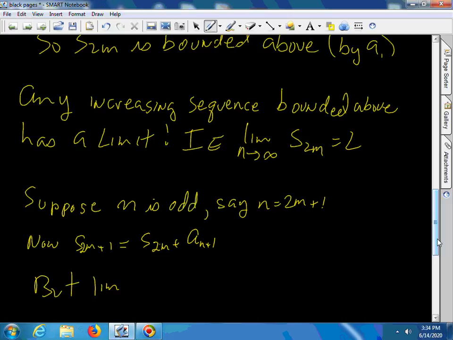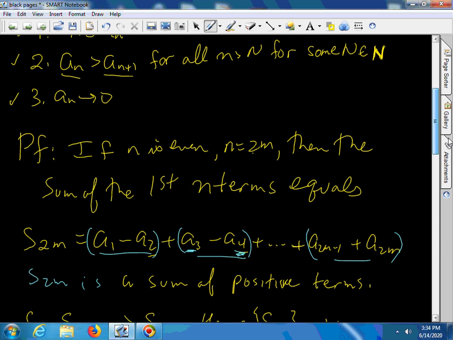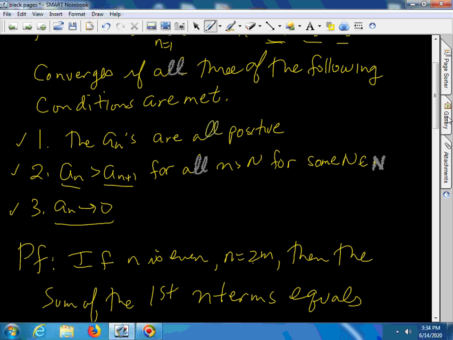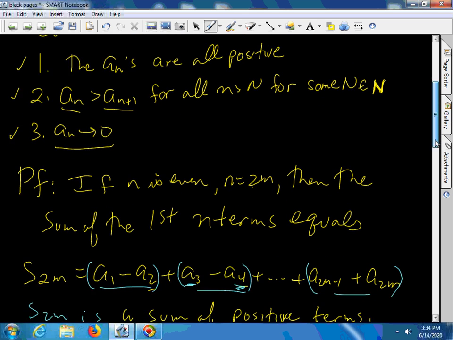But the limit as n goes to infinity of the a sub n's is 0. That's one of our conditions, that the a_n's go to 0.